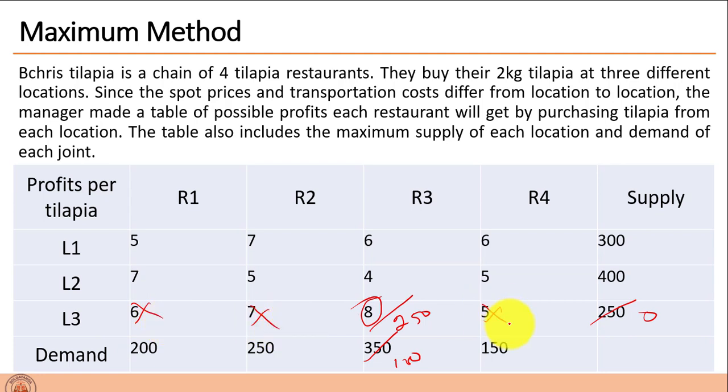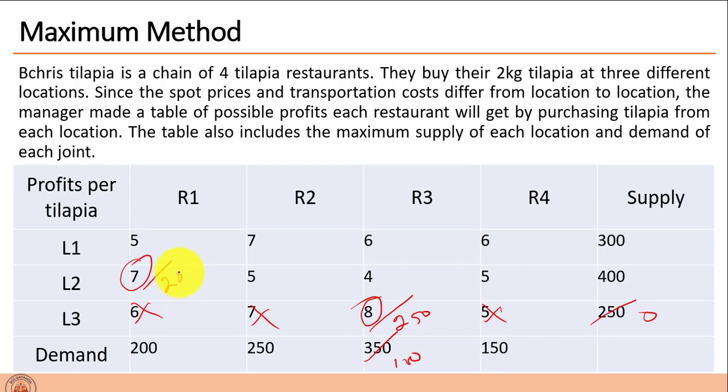The next maximum is the 7 that we see. So actually they're all giving us the same thing, so there is no problem choosing from any of them. So I'm going to go with the left one. Okay, so the first one to my left. So I have L2 providing R1. So here is my next value. So I want to provide R1 200 from the 400 in warehouse number 2.